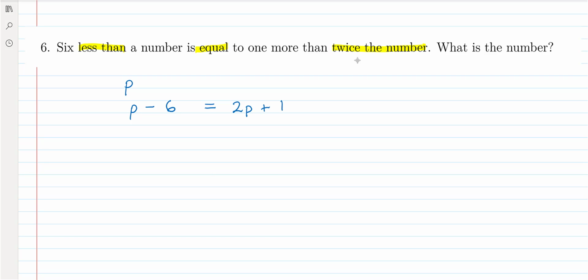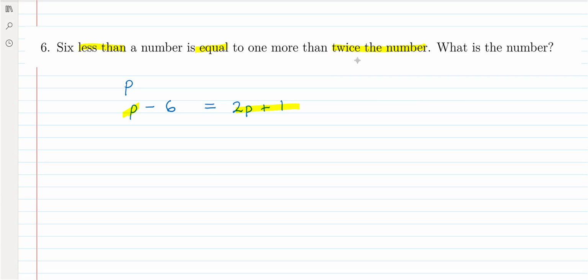So now we can go about solving this equation. So there's a couple of steps here. We want to get all the p's on one side. So if we get rid of this p on the left hand side here, we can subtract p from the left hand side. But to keep our equation balanced, we need to subtract p from the right hand side as well.